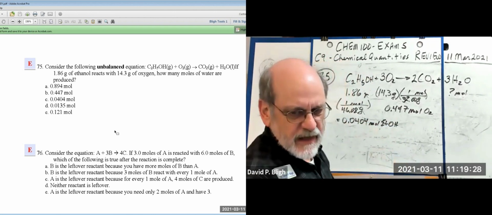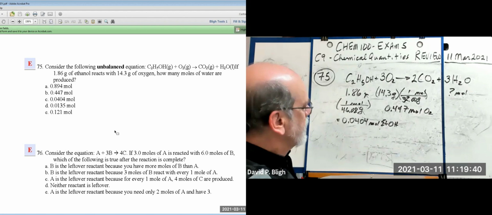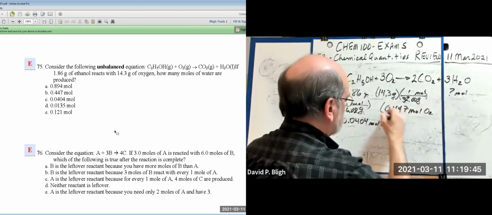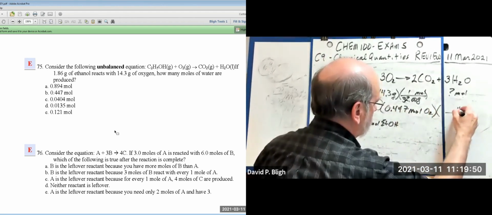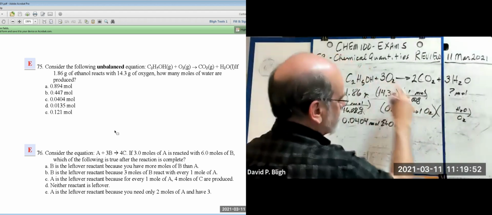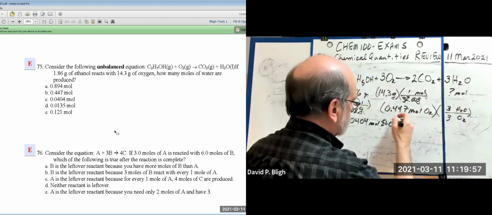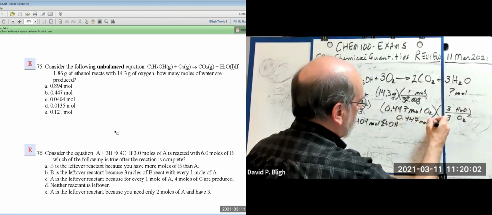Let me do that calculation again. I just have a sneaking suspicion. Now that's right. Okay, now we need to convert that to water. So we have 3 oxygens, 3 waters. It's exactly the same amount. So this is also 0.447 moles of water.